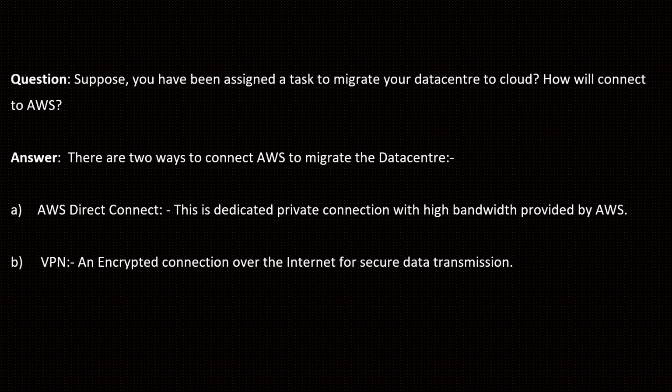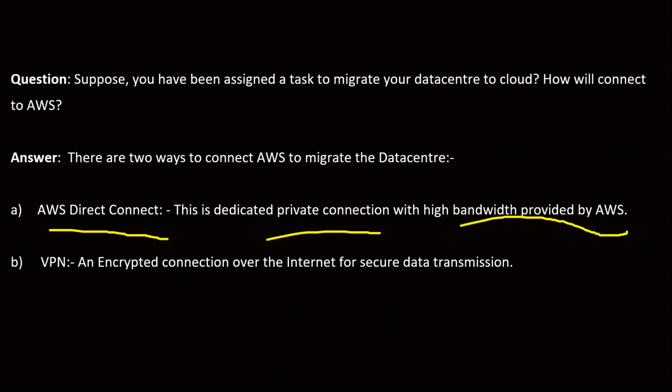Suppose you have been asked to migrate your data center to AWS cloud, how do you connect to AWS? This question is regarding the migration as we discussed earlier. There are basically two ways to connect to AWS to migrate the local data center. The first method is AWS Direct Connect, option A. This is a dedicated private connection with high bandwidth provided by AWS.